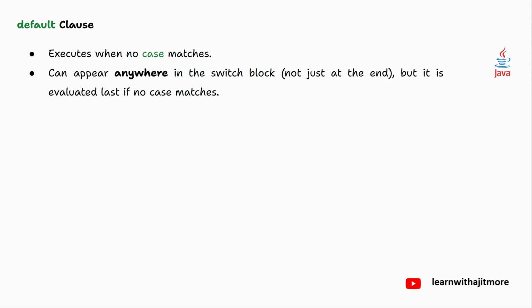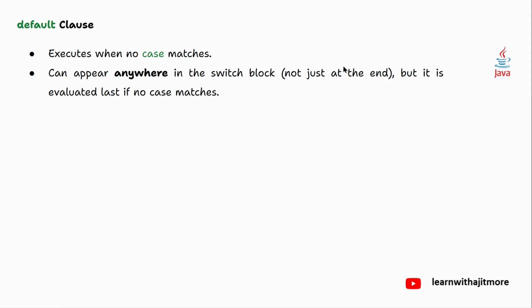But generally, a good practice is we write at the end. So can appear anywhere in the switch block, not just at the end. Okay. Generally, a good practice that first we write all the case values and then at the end we write default. Like in if and else, a if else block you write. So generally we write a else block at the end only. No? Same way.